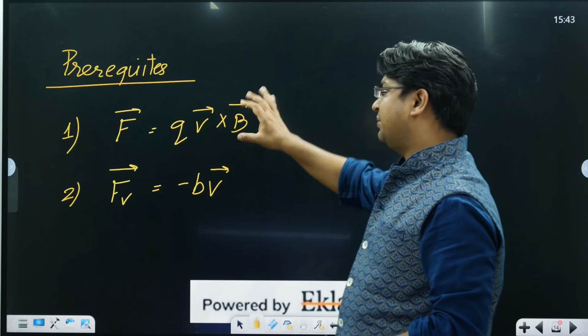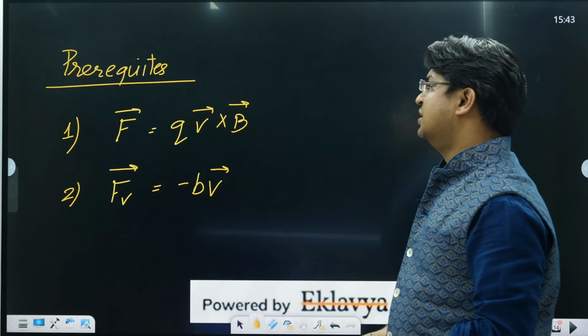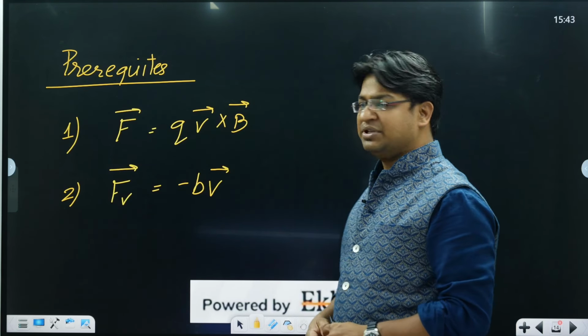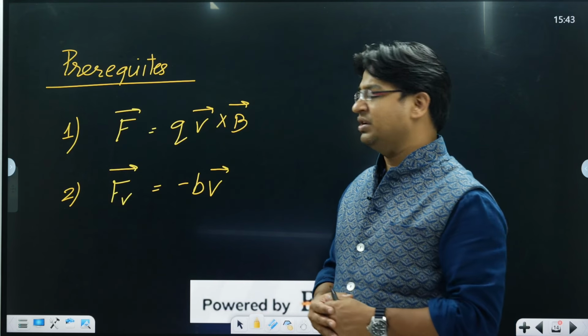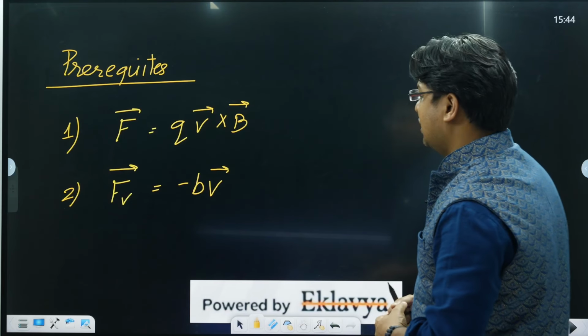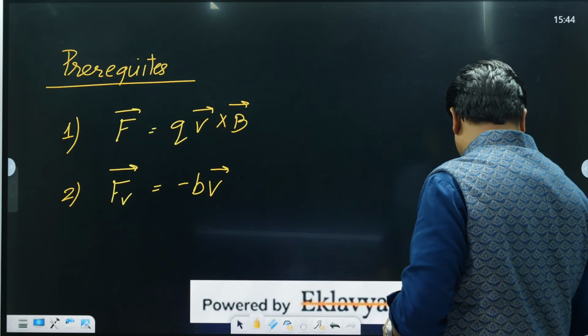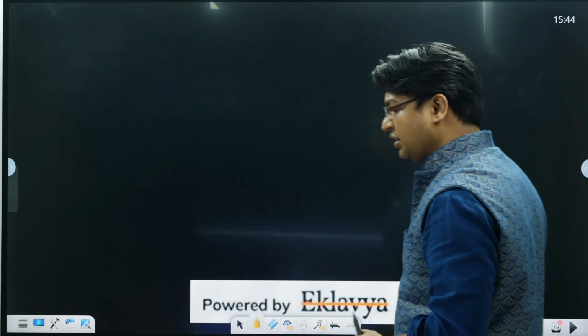So this is how we write the magnetic force, and this is how we write the viscous force. These two things I think are the basics that you need. Apart from that, the usual things like force balance and writing F equal to ma, you will need. Now let me start.